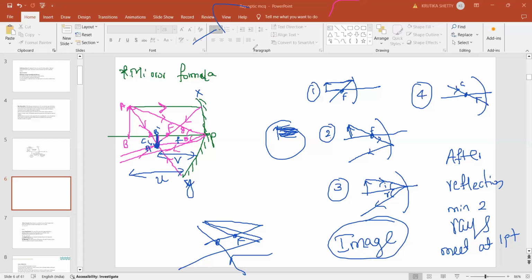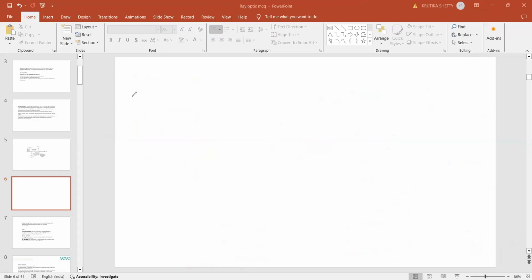Clear everyone? Okay, yes. If any doubt is there, please ask. So now we will see one proper diagram so that we can proceed with the derivation.